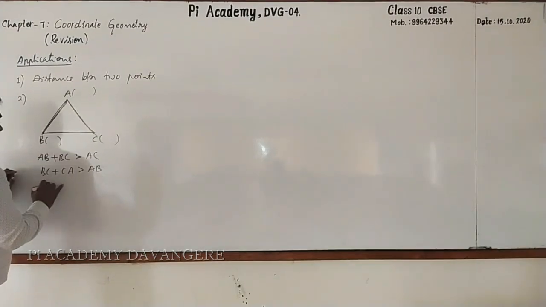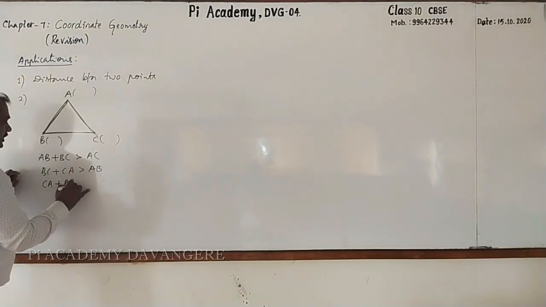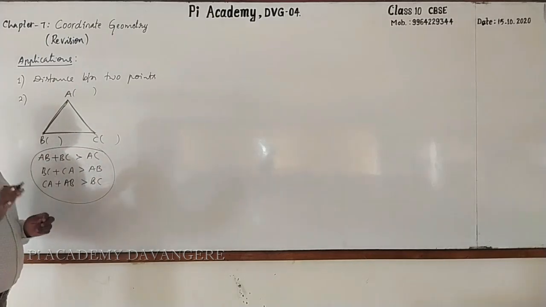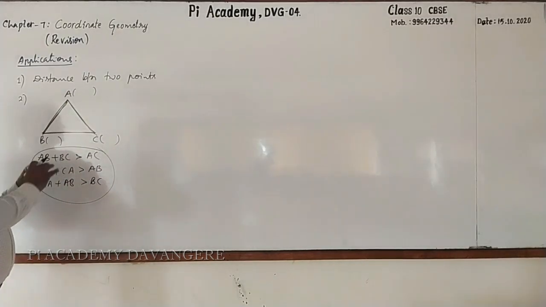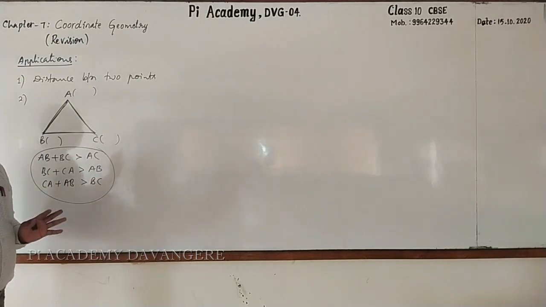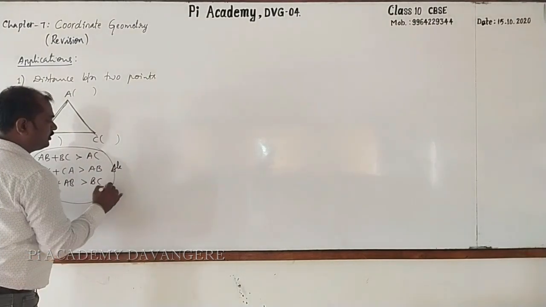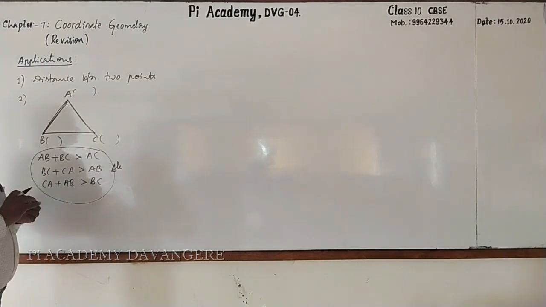And another one is CA plus AB is greater than BC. If these 3 conditions hold good, you can say that yes, these 3 points will form a triangle. Understood? You should find out AB, BC and AC and check these. So these will tell us whether a triangle is formed or not.